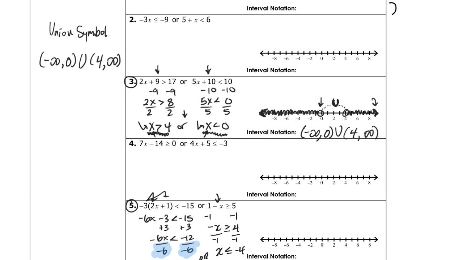And now let's just talk about going ahead and graphing this. So I need a number that is greater than 2 or less than negative 4. Now remember, by logic, this is important that we have this word "or" here, because the word "or" allows for disjunction between the two inequalities. It means that you're allowed to have two separate sets of numbers, even though we know that x is the same value.